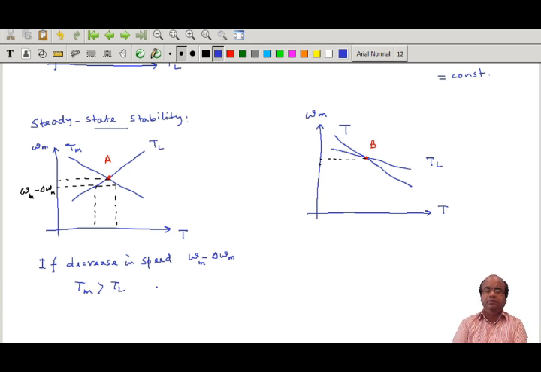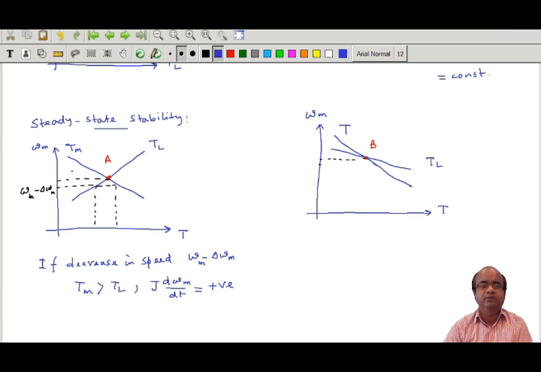Then J d omega m by dt becomes positive, and the motor accelerates and returns back to point A.